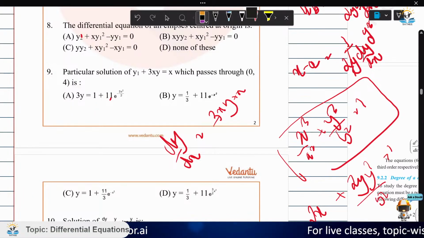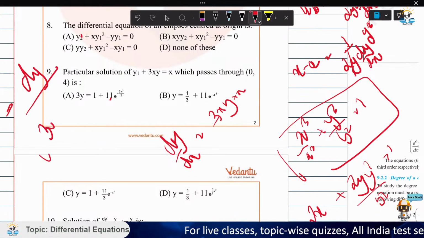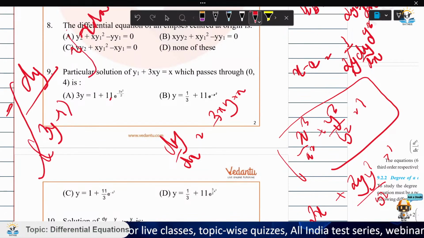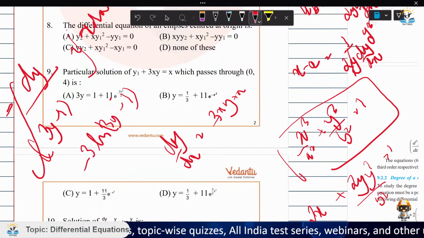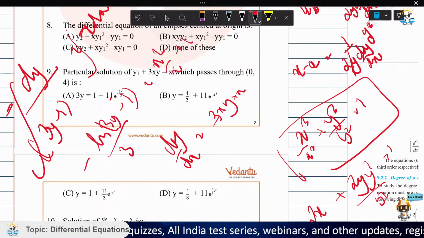We'll write dy by dx, take the negative out, and write 3y minus 1 is equal to x dx. And now integrate. So ln of 3y minus 1, divided by 3, is equal to x squared by 2 plus c.